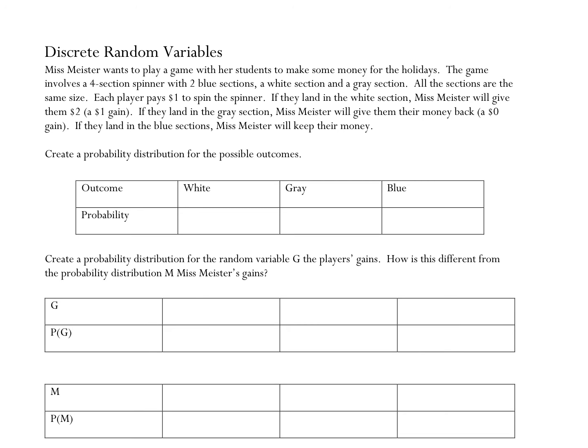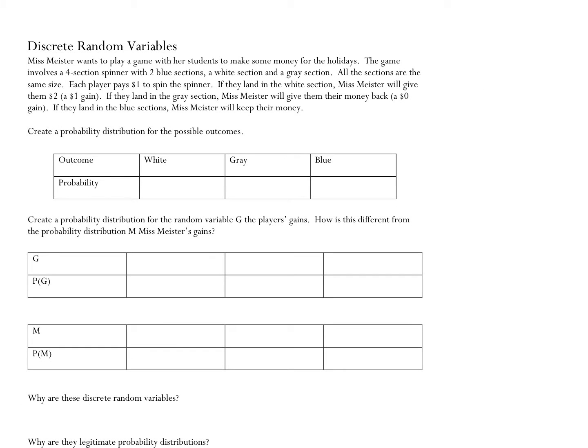All right, so here we go. This game is just going to involve a very simple 4-section spinner that has 2 blue sections. We'll put them here and here. A white section and a gray section.